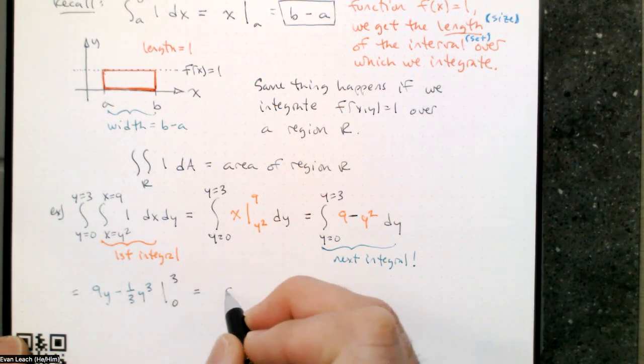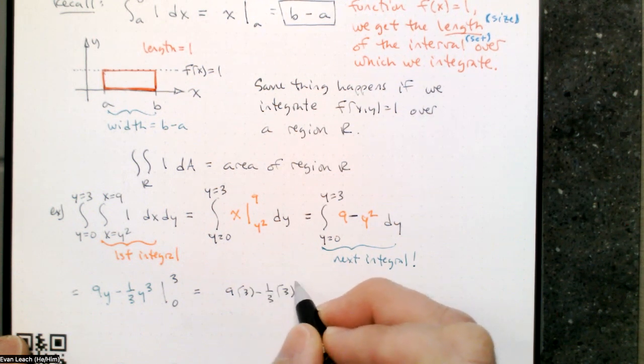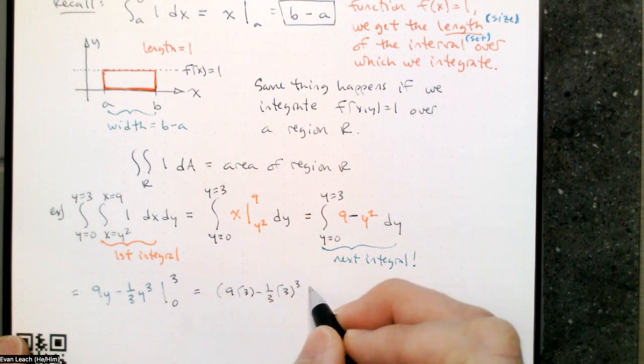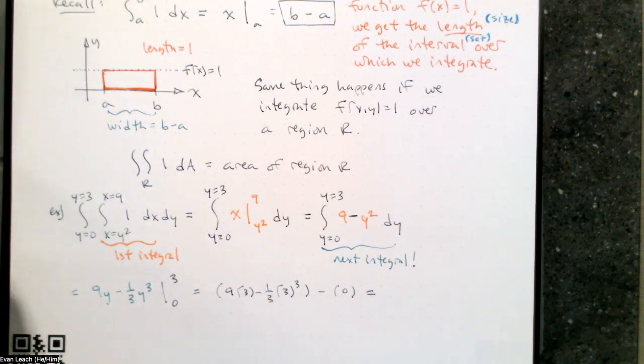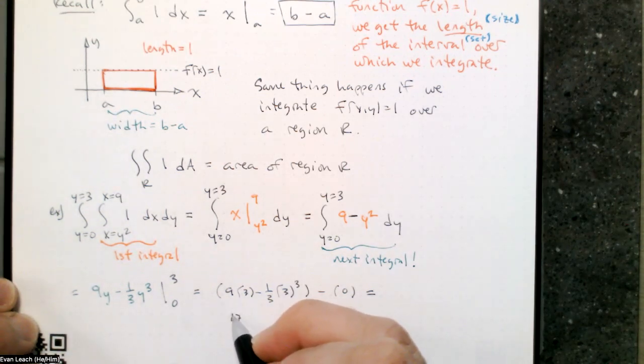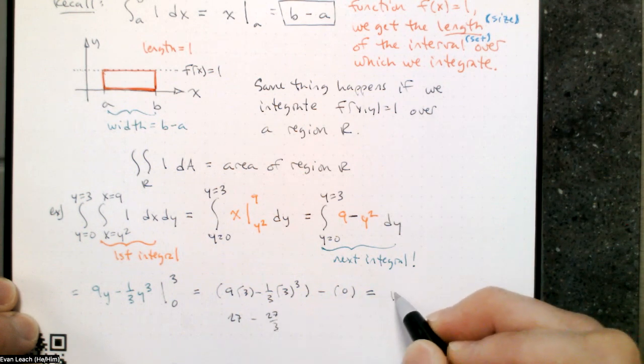So we're going to plug in the 3. We'll plug in the 0 and subtract. So I got 27 minus 1/3 of 27. So what's that, 18?